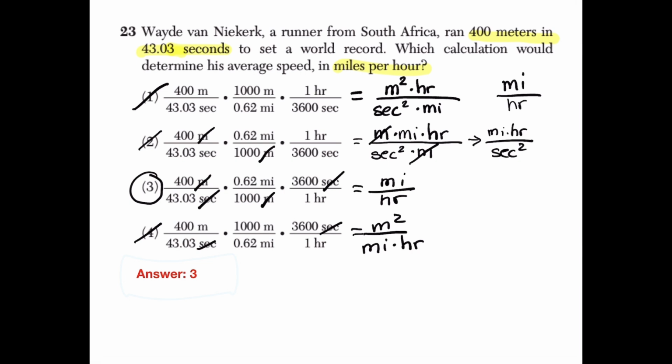It is literally just asking which calculation would give you that. My tip is to look to see where you see a unit in the numerator and the same unit in the denominator. Those will cancel out. All right, hit pause and jot this down into your notes.